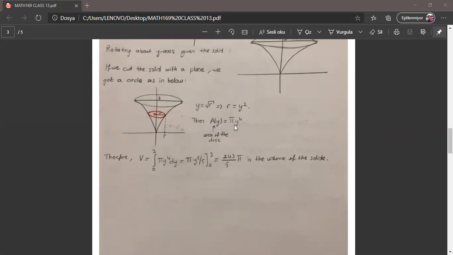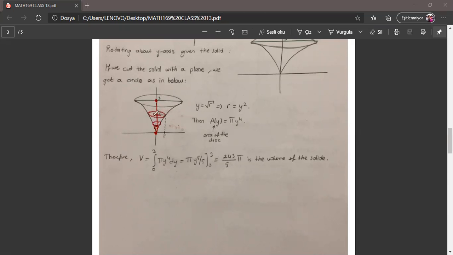We found a function in terms of y, so we need to find the boundaries of y, which are 0 through 3.